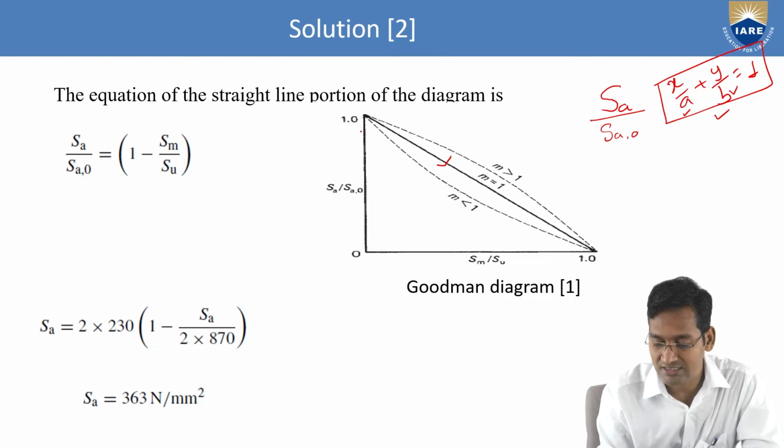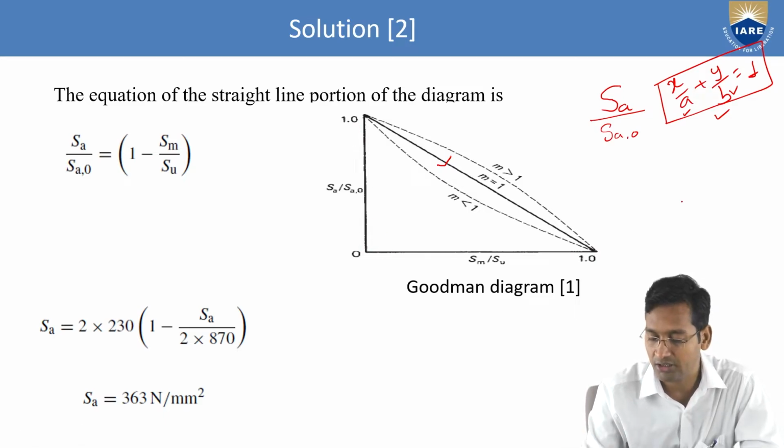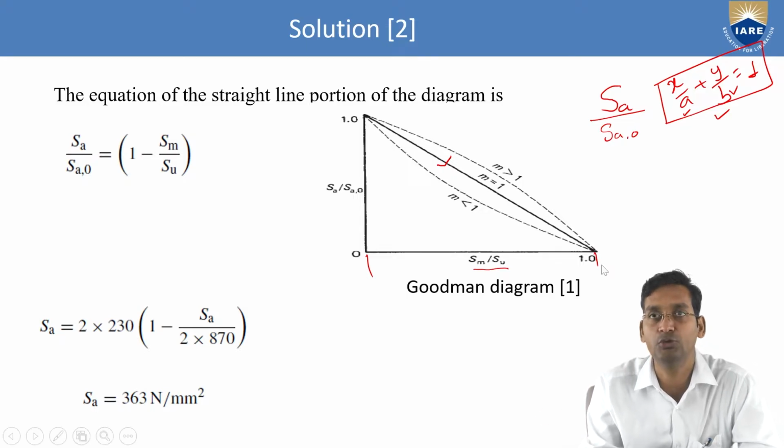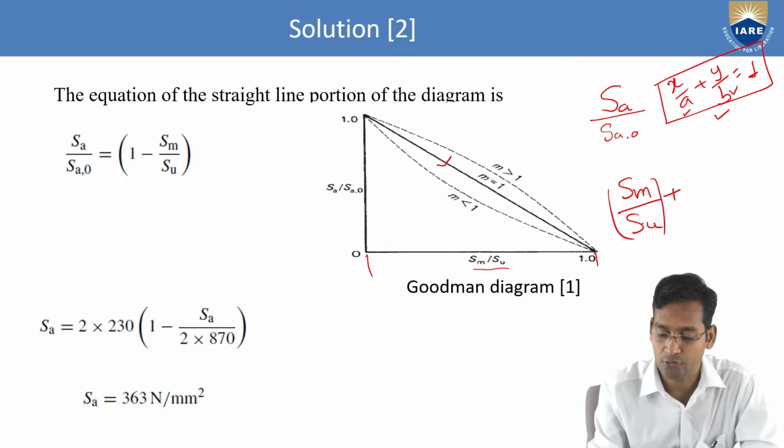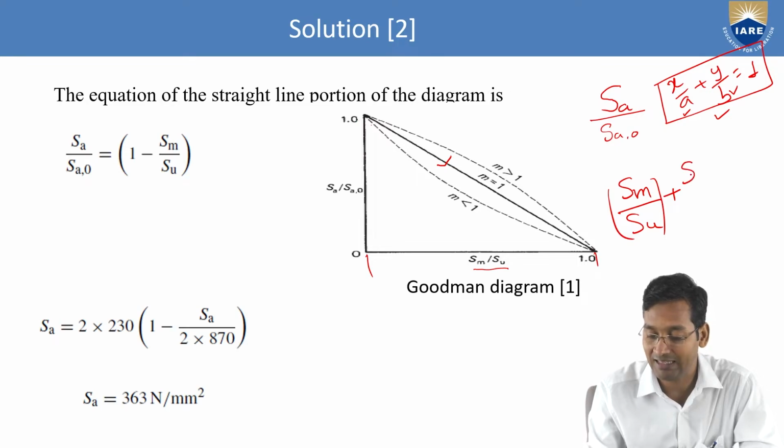So just see here, suppose this is your x-axis and this is the y-axis. Along this we are taking Sm by Su. So the intercept from here to here is your Su along Sm. So if you write, Sm by Su plus, this is for the x-axis. Now for y, Sa is the variable and the intercept is Sa naught. This should be equal to 1.